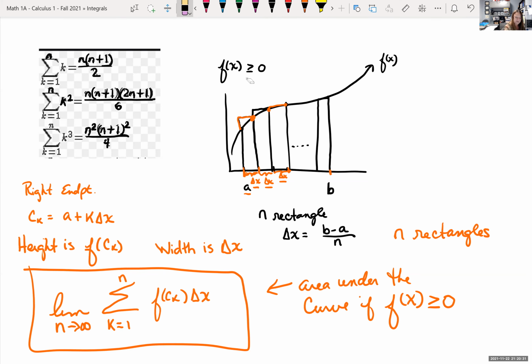Okay, so this was for the right endpoint. You can also do this if they ask us to find the left endpoint or the midpoint.